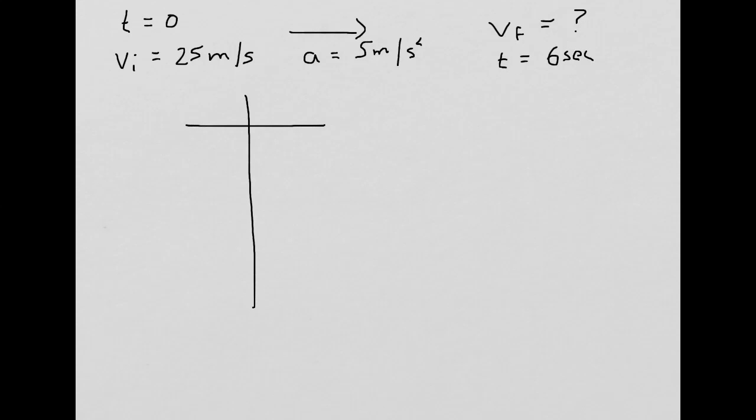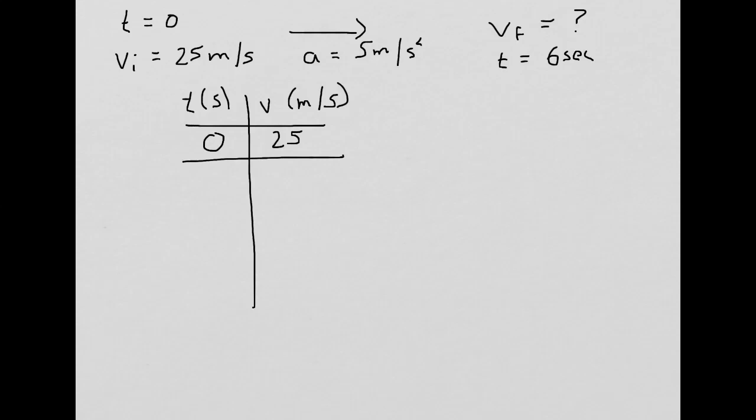So let's say that I have, here's time measured in seconds, and here's velocity given in meters per second. So at time 0, my initial velocity is 25 meters per second. And then I know that my acceleration is 5 meters per second squared. You can think of that as the slope of the line. Remember that acceleration is the slope of the velocity curve.